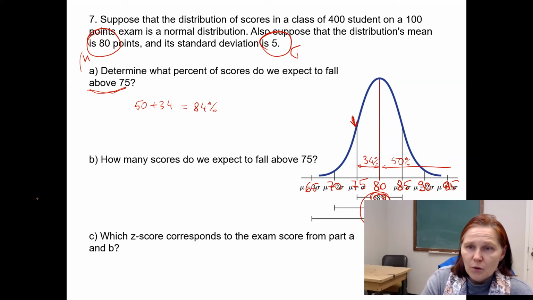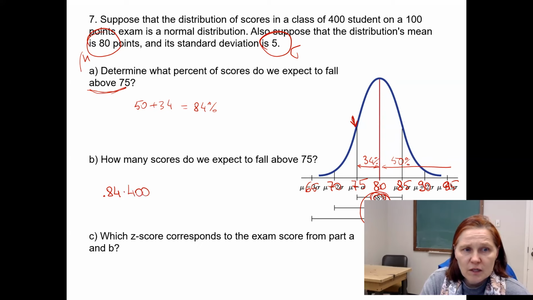How many scores do we expect to fall above 75? There are altogether 400 students, 400 scores. We want to know what is 84% of 400, so we multiply 84% by 400 to get the number of scores. Which z-score corresponds to the exam score from part A or B?